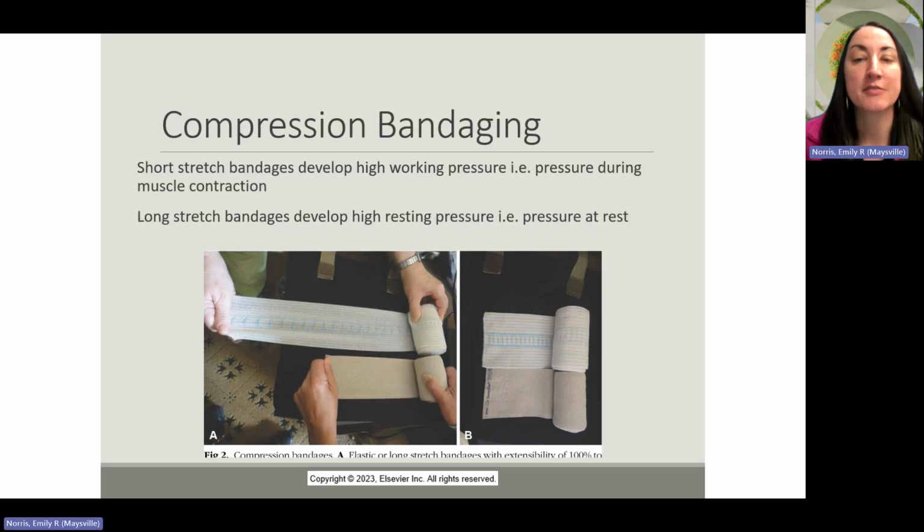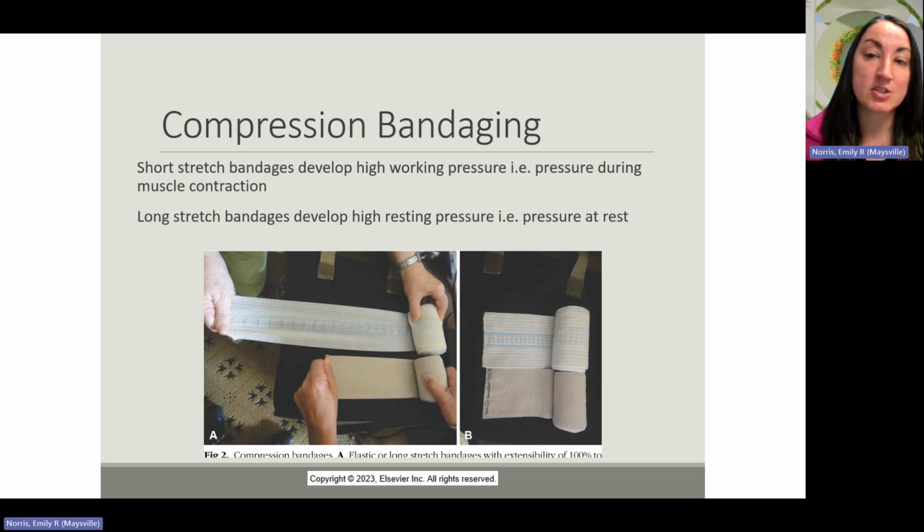So there's various types of compression bandages. Two of the main categories are short stretch bandages, which are also called low stretch bandages. These have a high working pressure, so that means that their pressure increases with muscle contractions. So during activity, the pressure increases, improves that blood flow.